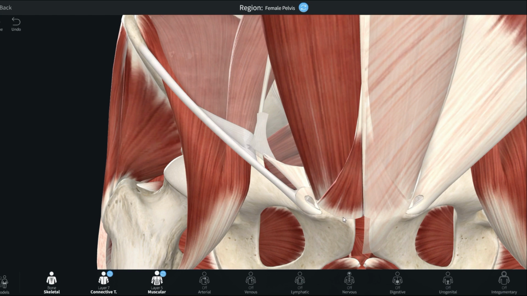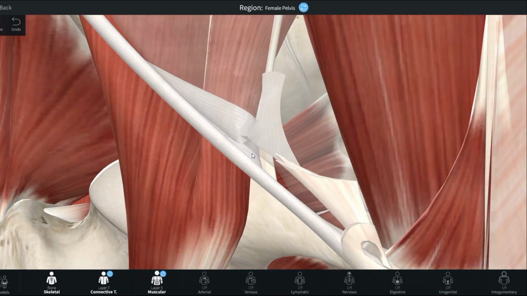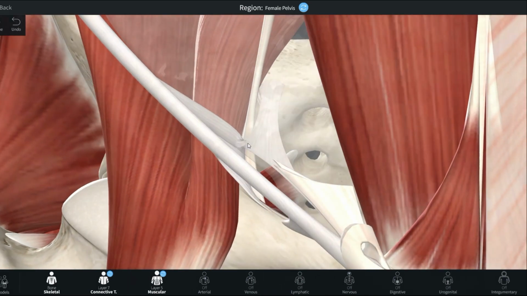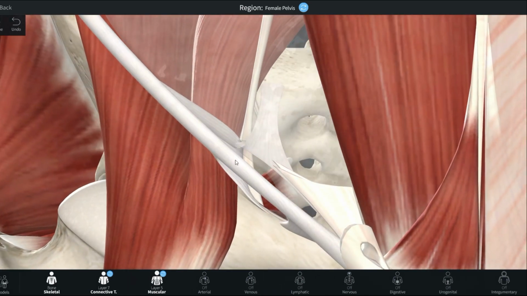The other is the midpoint of the line joining the anterior superior iliac spine to the pubic symphysis. The pubic tubercle is for the inguinal ligament. If the line is extended up to the pubic symphysis and the midpoint of that is taken, it is the mid-inguinal point.